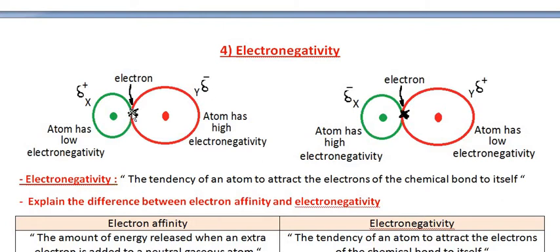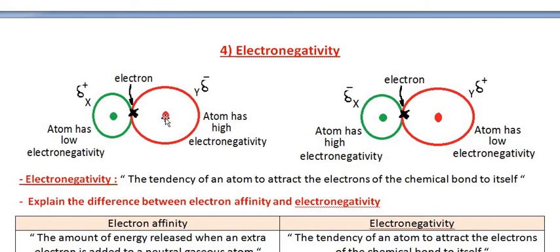This electron is called the bond electron, the electron common between the two atoms. This is a covalent bond, for example, and this electron belongs to both atoms. Will this electron be attracted more to the left atom or to the right atom? It depends on the strength of attraction between the nucleus of each atom and the electron.